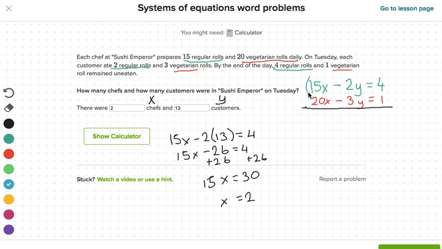So if we multiply the first equation by 3, which is easier than 20, and the second equation by 2, we get 3 times 15, which is of course 45x, and 3 times negative 2 is negative 6y, and 3 times 4 is 12. And then the other one gives us 40x minus 6y equals 2.